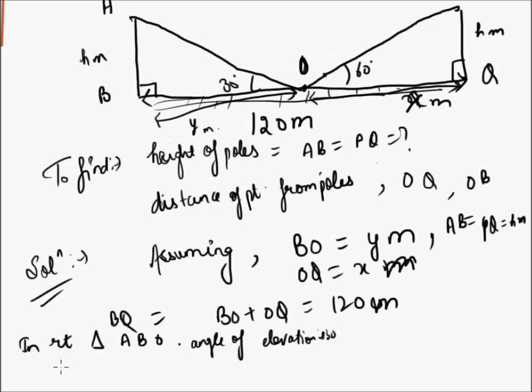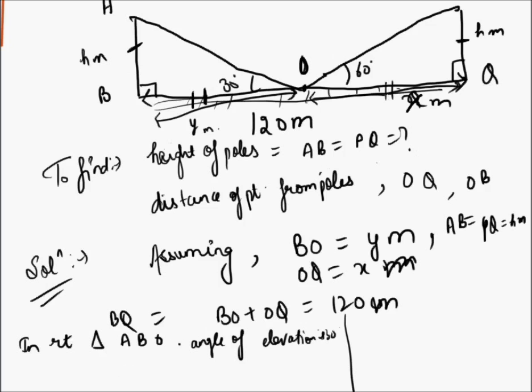What advantage do we have in this question? We have AB equal to PQ, so we will be using the two right triangles and utilizing this advantage. How can we do that? We have to incur this height in this triangle and this height in this triangle, as well as this distance which we have to find out.